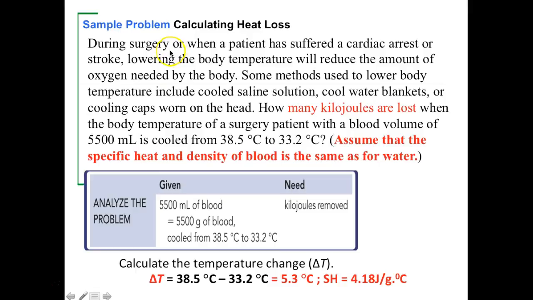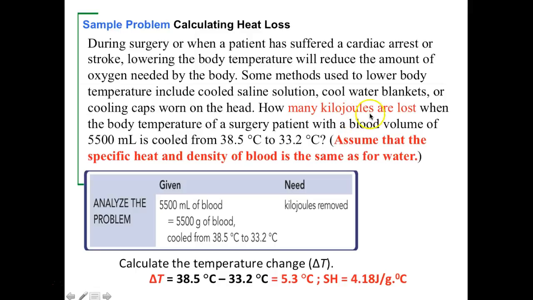All right, so this is a lengthy problem, a word problem. It says, during surgery, a patient has suffered a cardiac arrest or stroke. Lowering the body temperature will reduce the amount of oxygen needed by the body. So some methods used to lower body temperature include cooled saline solution, cool water blankets, or cooling caps worn on the head.